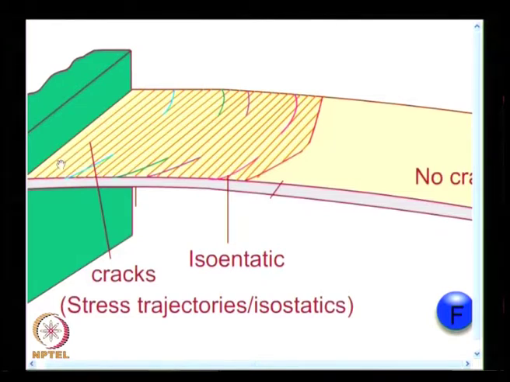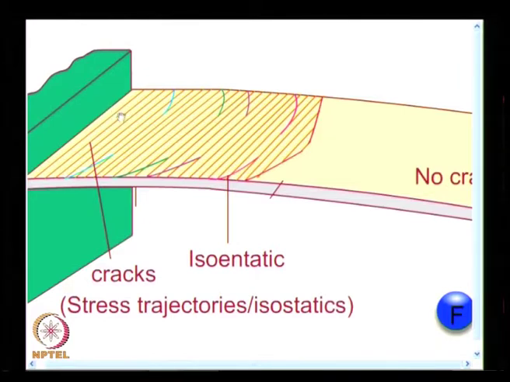So, what you have here is the isostatics are parallel like this, and you see isoentatics of different colors, which is for different loads. And what is important is when do the first set of cracks form, that is very important.